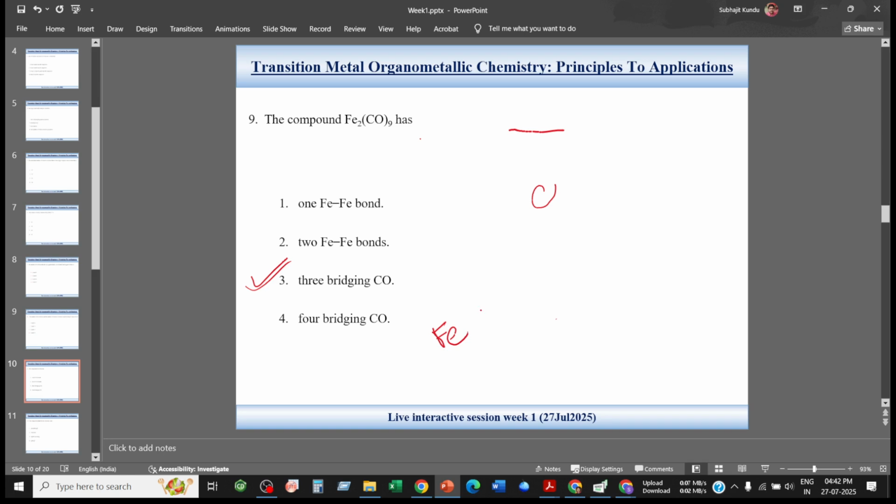Each of the irons has three terminal CO, 1, 2, 3. So 6 CO are gone and the rest of the 3 CO are the bridging CO.